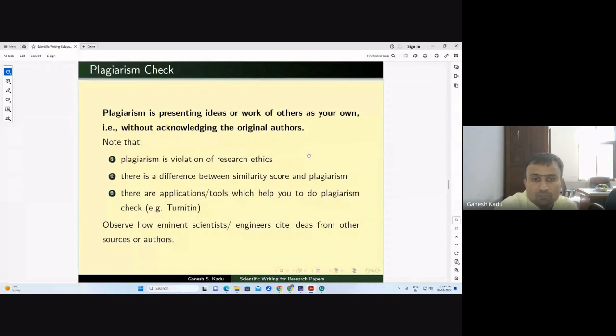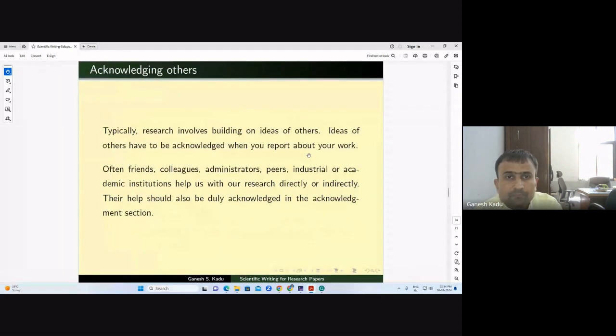So using software tools is one way to avoid it, but it's not the only way. Because these applications have some limitations, you have to be mindful about them. Now, another important point is acknowledging others.